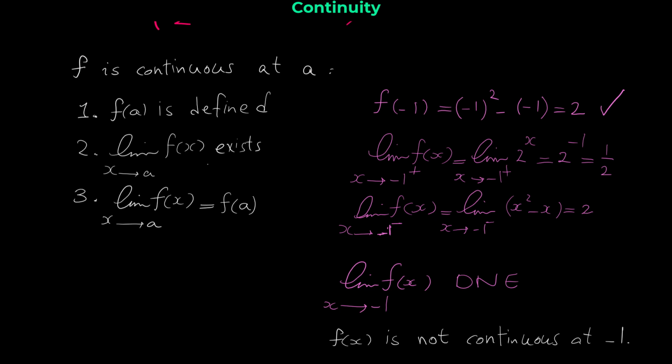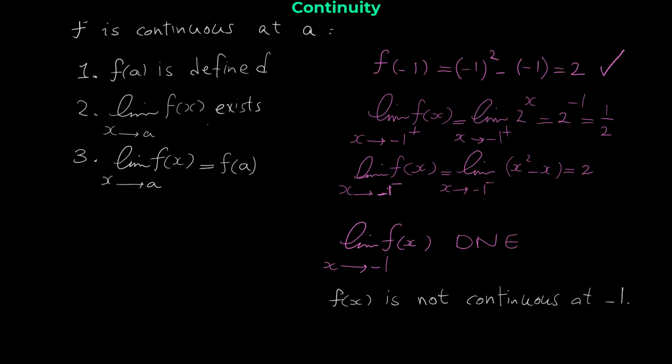So let me explain this again. When a function is not continuous at a point in general, it can still be continuous from the left or from the right. In this case, the left limit is 2, and the value of the function is also 2, so this function is continuous only from the left at -1.